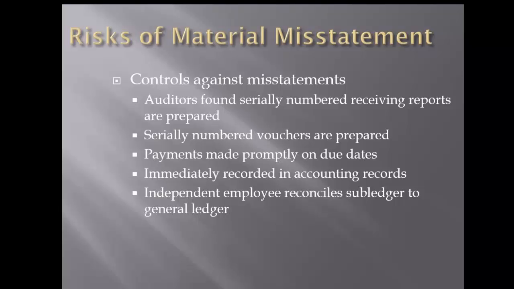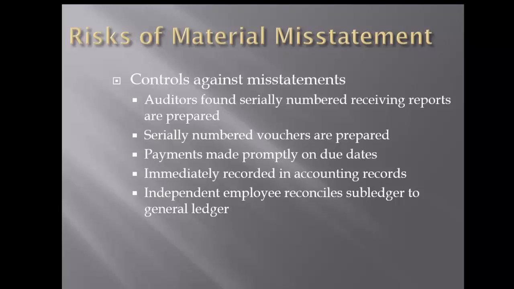You notice that we use these serialized numbers for receiving, for vouchers. By the way, a voucher is this internal document that we have when an invoice comes in. The voucher essentially is created to manage internally the invoice coming from the vendor. Okay, but they're serial, so they're numbered sequentially.